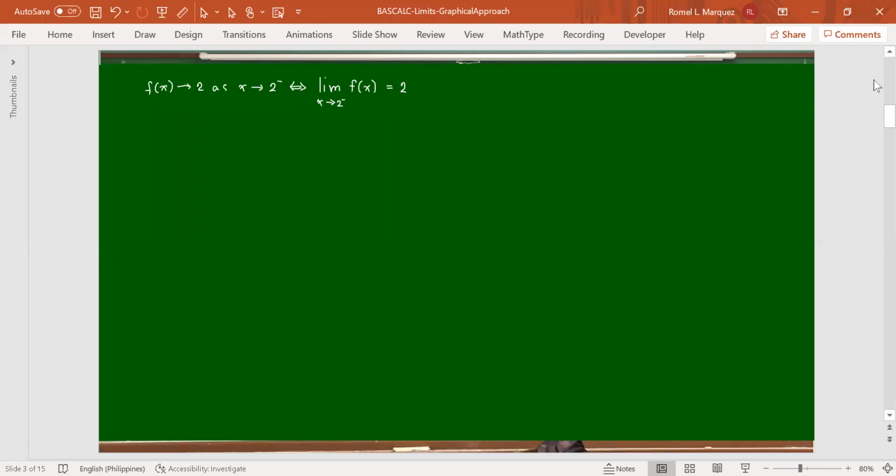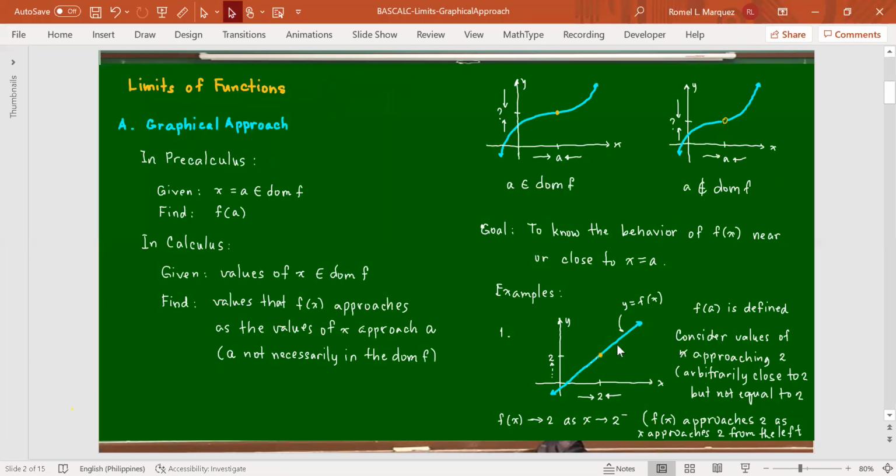What about the behavior of the function as I travel along the line, approaching this point, but from the right? So I will approach x equals 2 coming from the right. So where does the function tend to go?